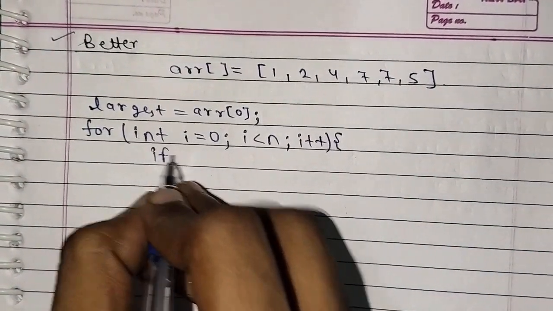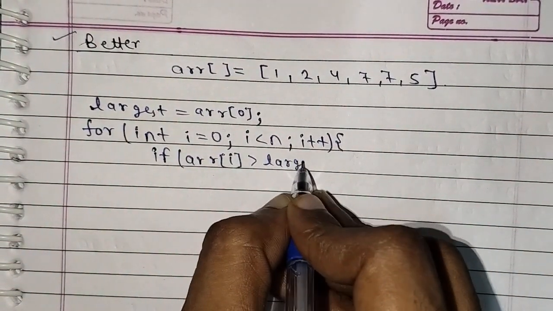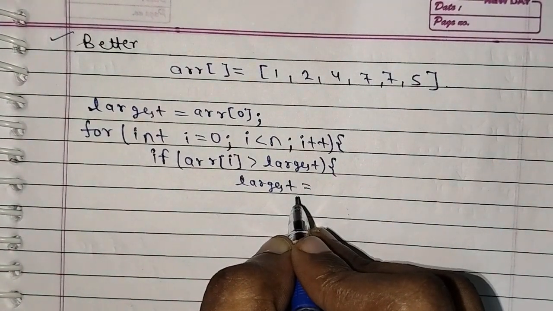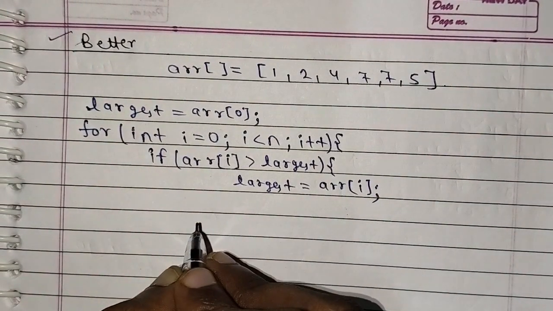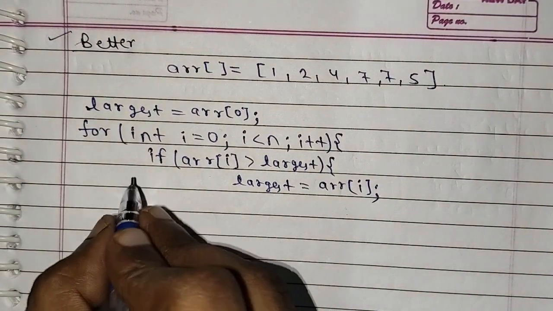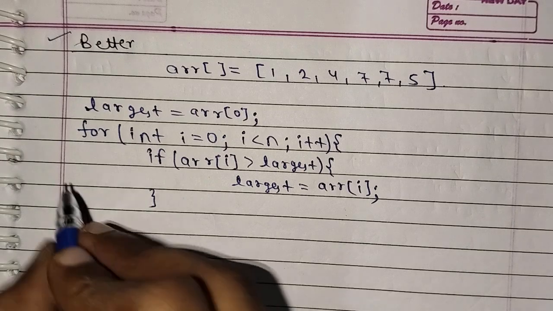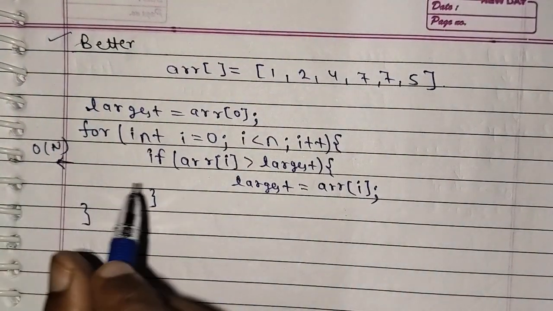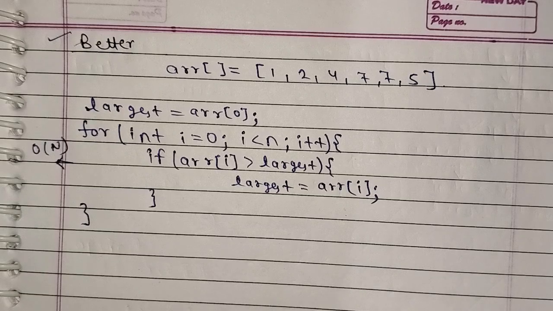If ARR of I, the current element, is greater than largest, then ARR of I becomes our largest. So this is the code to find the largest element, and the time complexity becomes big O of n, because we are traversing our array by a single iteration.